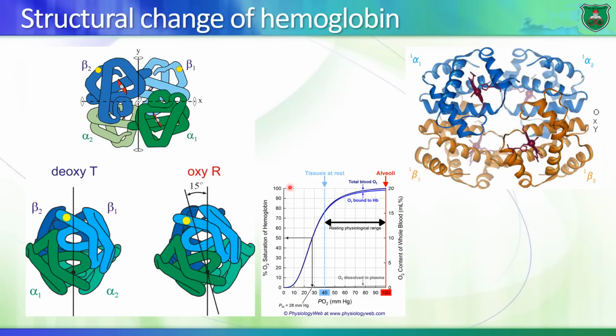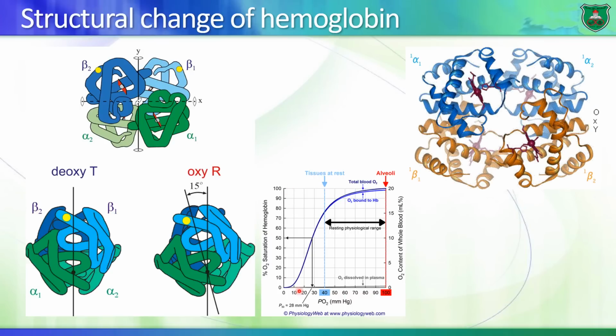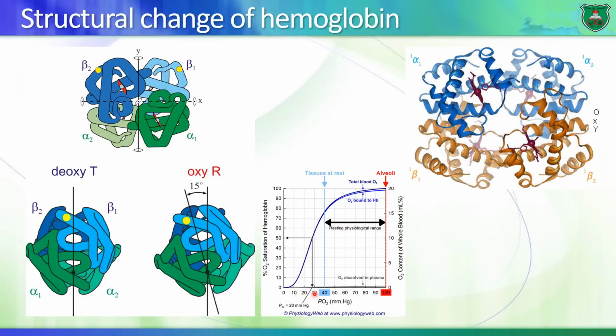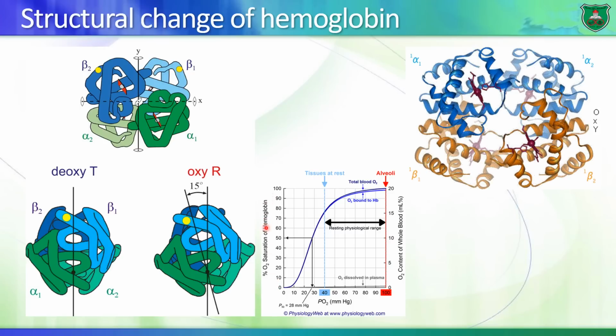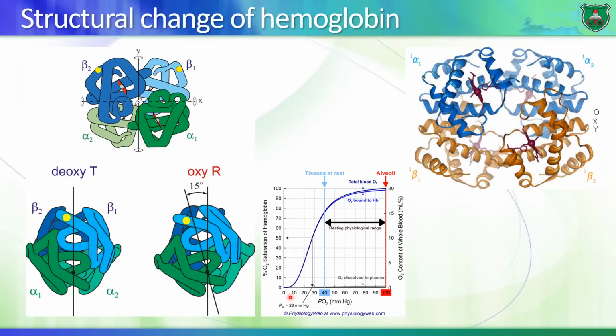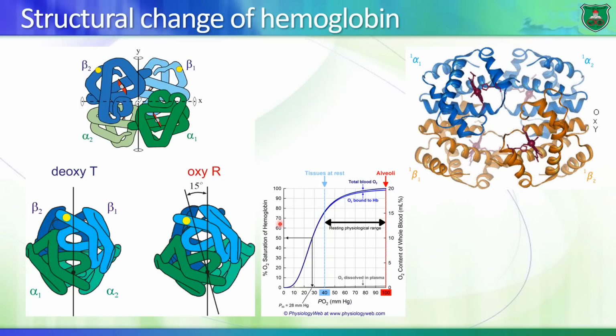So if you look, this is known as the oxygen saturation curve. Right here in the x-axis, you see the different pressures or different amounts of oxygen versus the saturation of oxygen in the hemoglobin molecule. And you can see that as the oxygen level increases, of course, there would be more oxygen bound to hemoglobin.